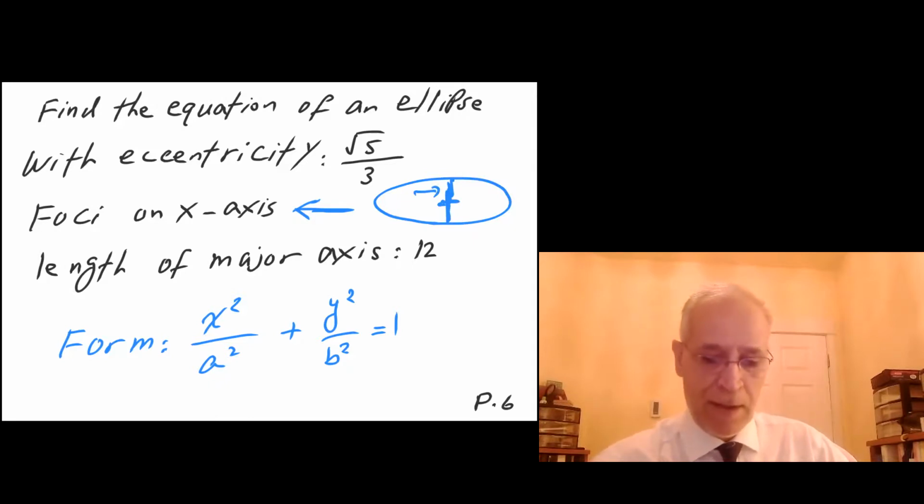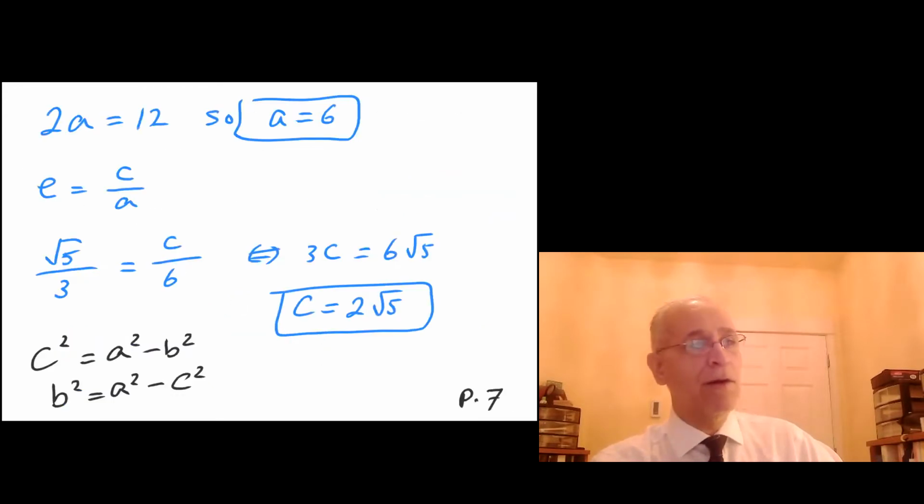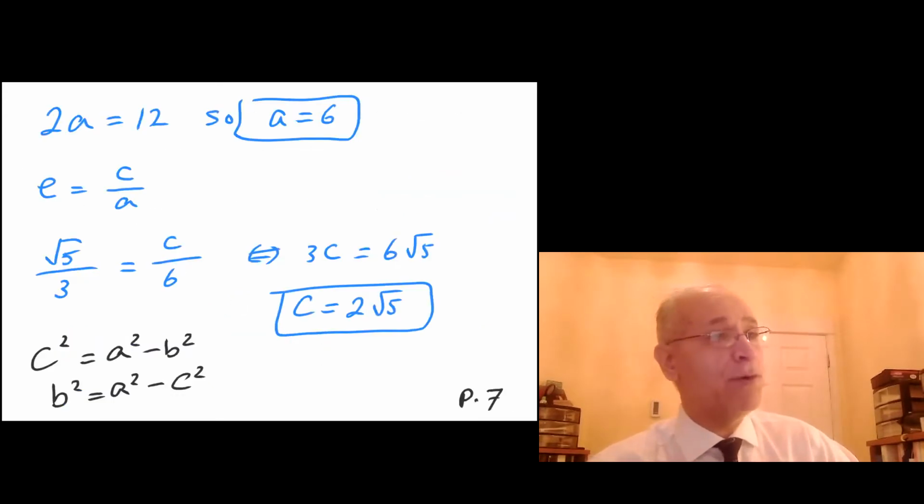Using this general format, let me continue. The 2a, or the size of the major axis, which is twice a, was given as 12. Therefore, a is half of that, which is 6. Once again, I know e equals c over a.